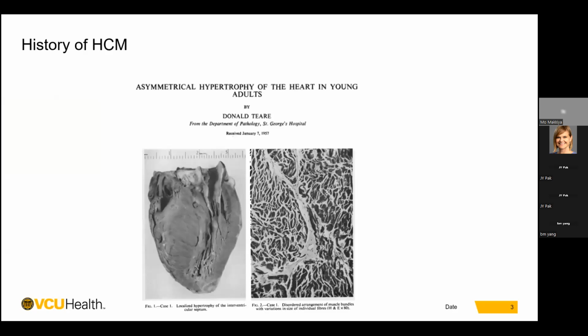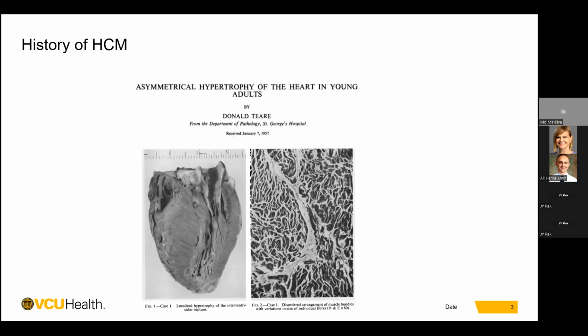First of all, as I always like to start my HCM talk, is talk about the history of this. This was first discovered in the 1950s, almost 70 or 80 years ago, by pathologists and the London coroner back in the 1950s, Dr. Donald Teare, where he did an autopsy series that he published in 1957.